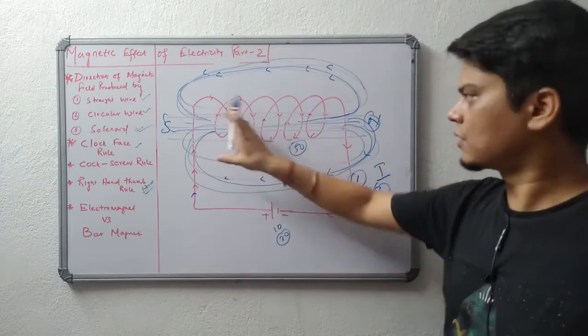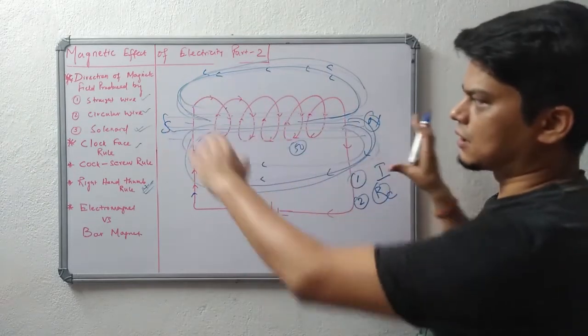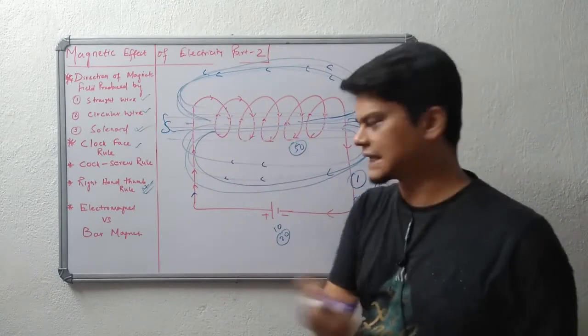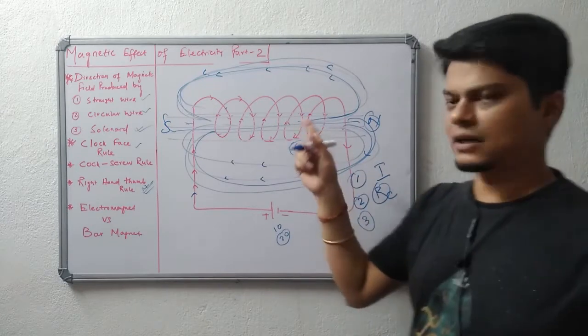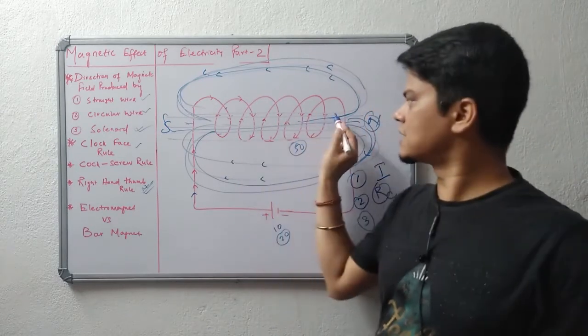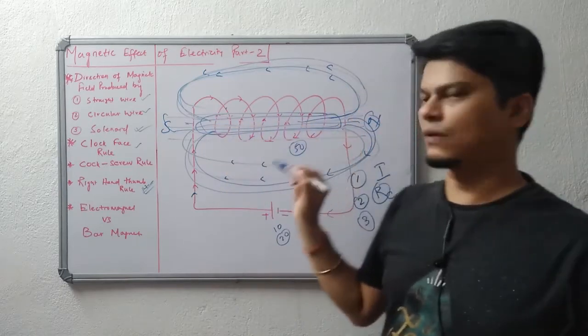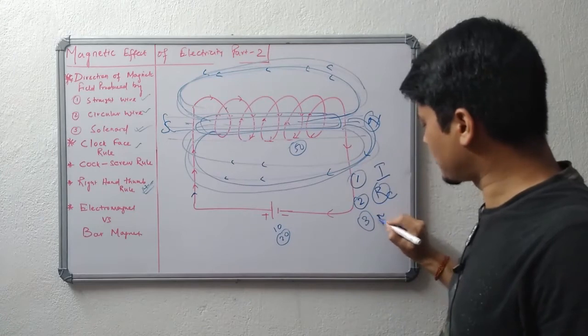It will get more number of turns, more field area. So the magnetic field increases or the strength of the electromagnet increases. Third thing is the type of material we are using in the iron core. Soft iron core, right? What kind of material? It depends on the type of material.